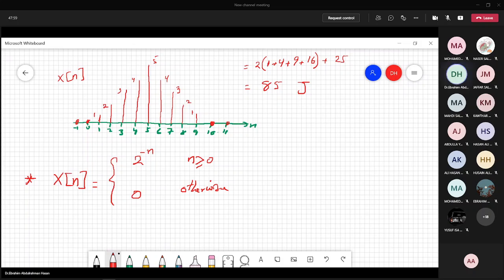Is this one energy signal or power signal?